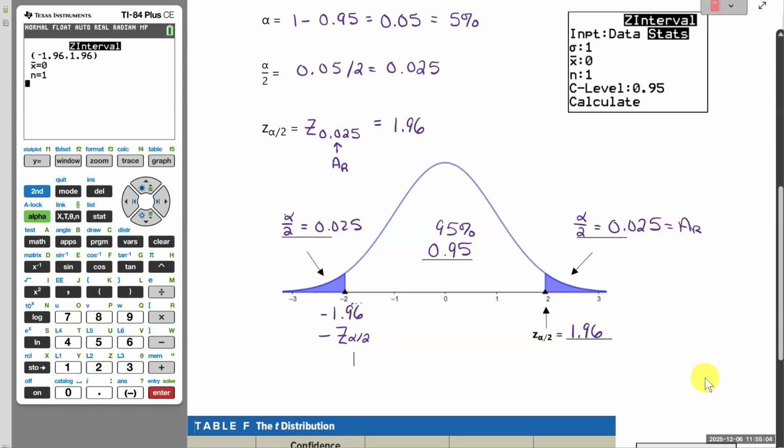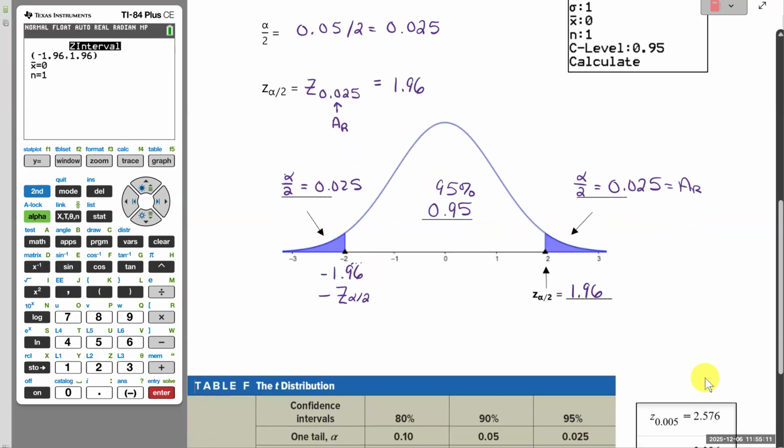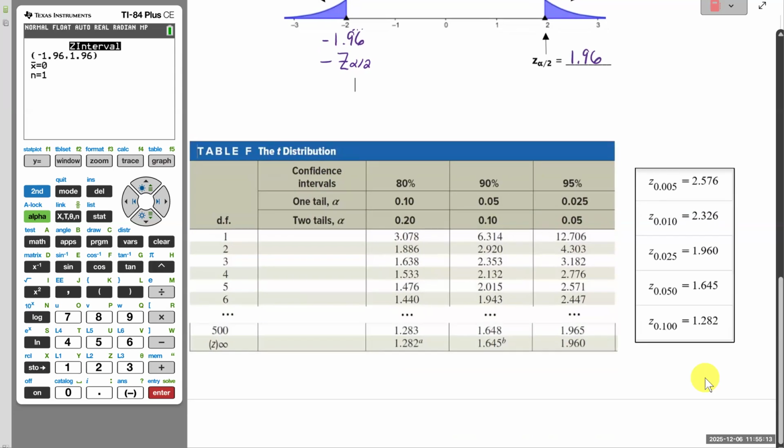All right, so you can use your z-interval to find the critical z values, but just to end here, we can also possibly just read answers from tables. If you look at your t table, t distribution, we're doing z right now, not t, but the last row of the t table has z-scores. We'll talk about why it says infinity later. Just know these are z-scores. So for the confidence interval, we were doing 95% for the confidence level, and then you'll see 1.96.